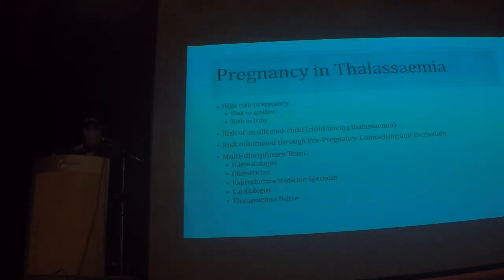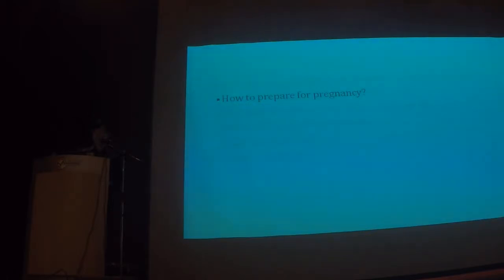So it's generally considered a high-risk pregnancy based on a lot of previous uncontrolled data, but it is true because there are risks to the mother and there are risks to the baby. Of course, there's also a risk of an affected child. Now, this risk can be minimized through pre-pregnancy counseling and evaluation, and it needs management of such patients within a multidisciplinary team. Now, so how do you prepare for the pregnancy?